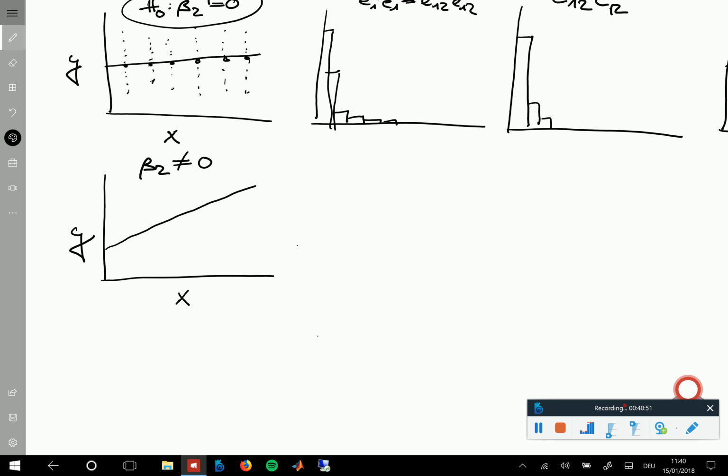And again, I took many samples of the simple linear regression from the multivariate Gaussian.